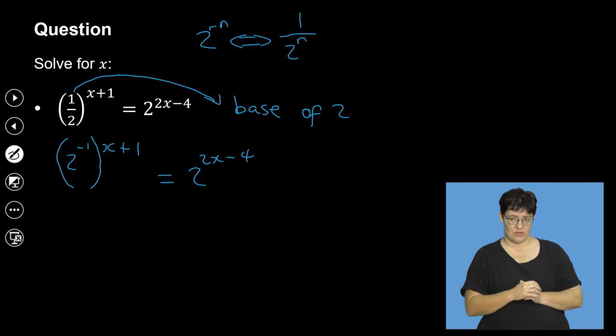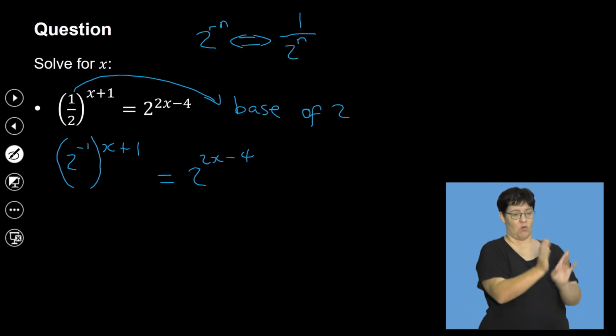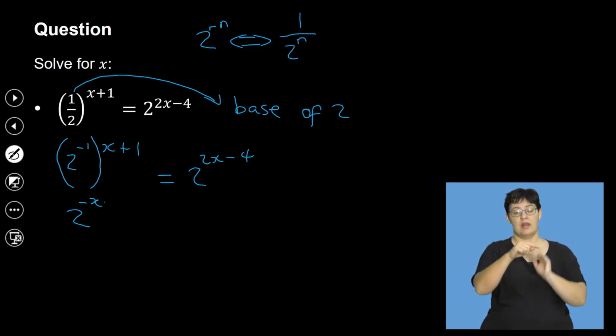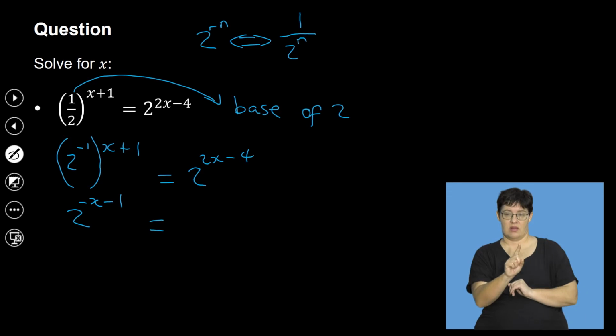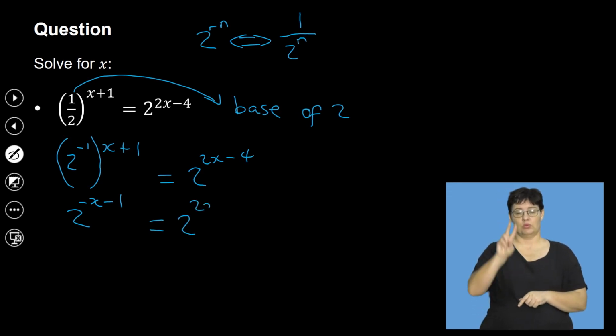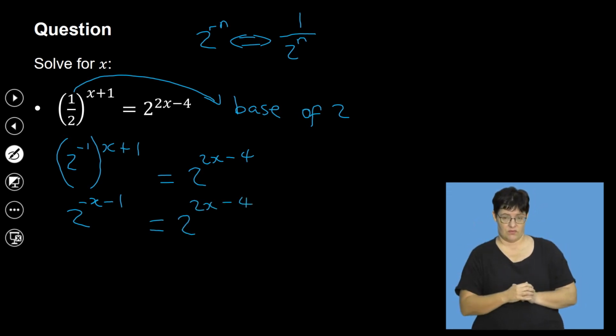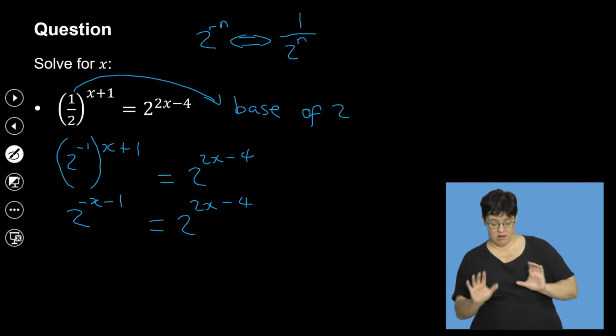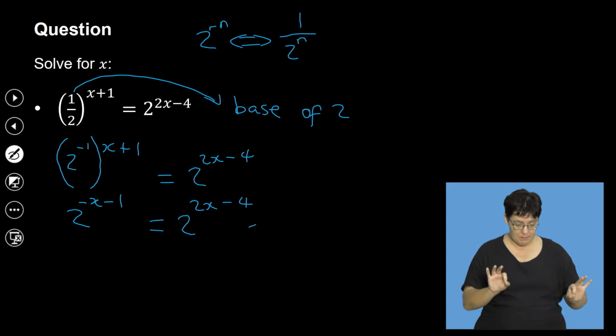Now, before I can take any other step, I must remove my brackets. So making this 2 to the exponent of negative x minus 1 equal to 2 to the exponent of 2x minus 4, right? I have one power, the base is the same, then what do I do?